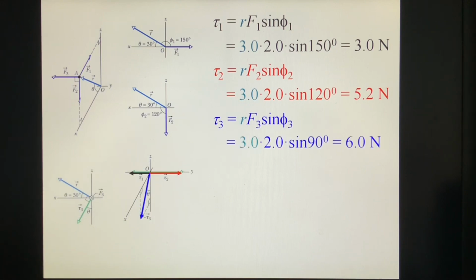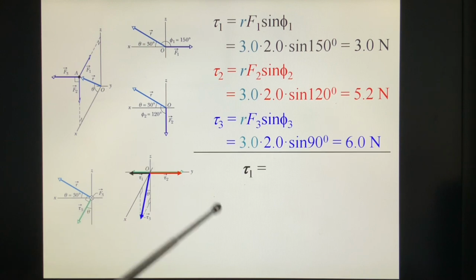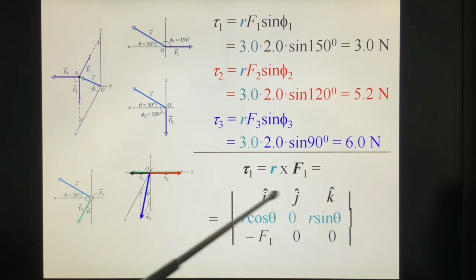In mathematics, the cross product of two vectors can be expressed as a matrix, with i, j, k, then X, Y, Z, then Fx, Fy, Fz.